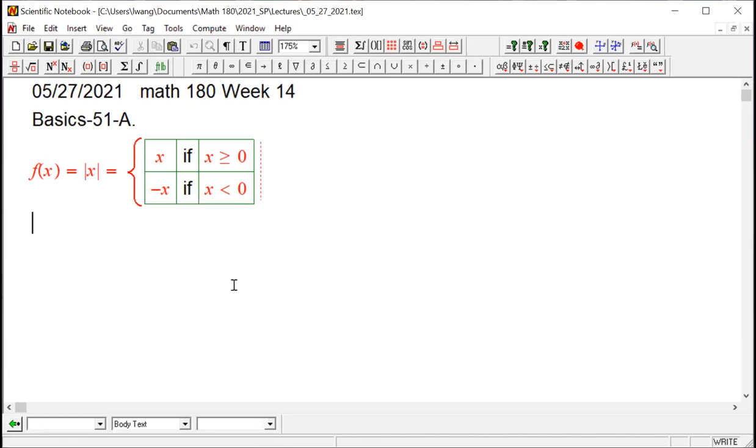So these are the topics we're going to go over. The title of this section is called Rewrite Functions as Piecewise Functions.